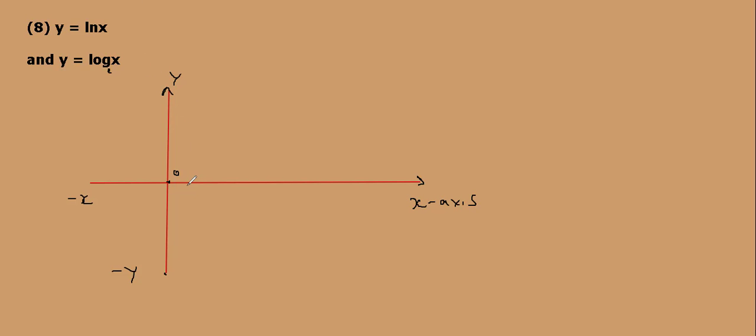The nature of the graph is that first it goes from the negative coordinate, the minus y-axis, then it goes to the positive side, and the rise is very fast in this manner. This is called the logarithmic graph.